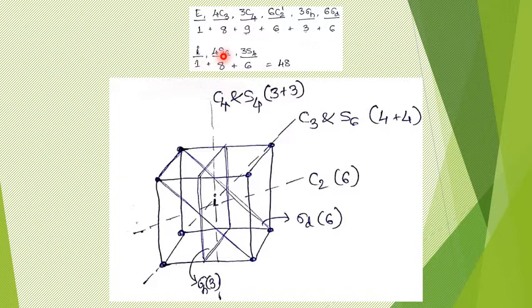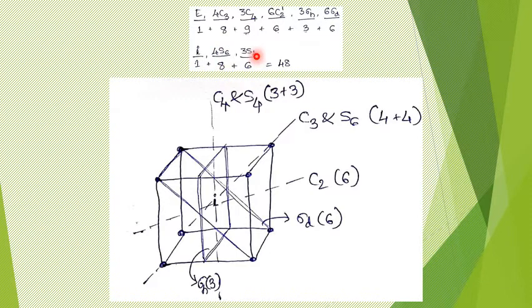And on the S6 axis, you can just work it out. These are pure improper operations, improper rotations. On each S6 axis, 2 such improper rotations are possible. So therefore it will be totally 8.